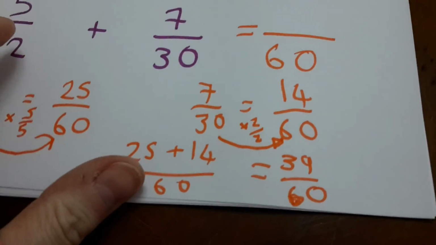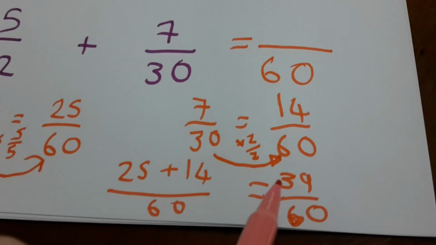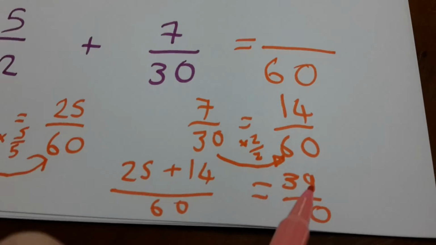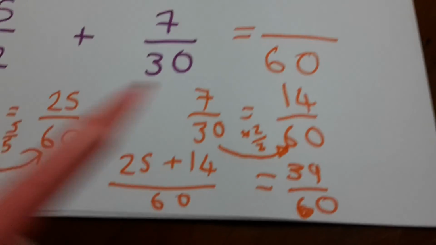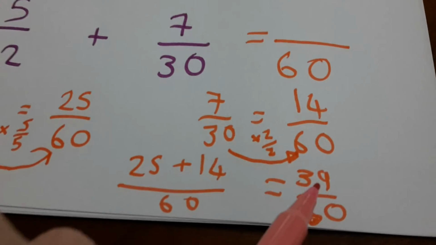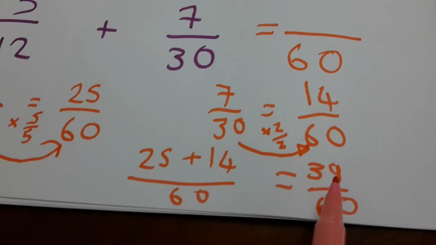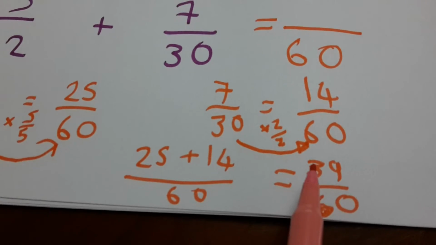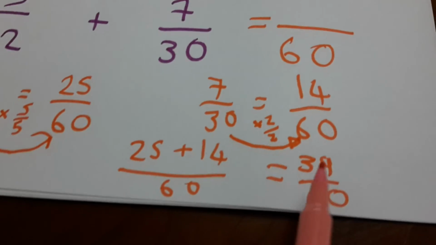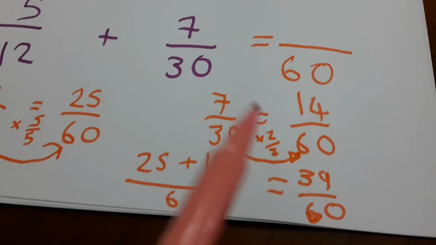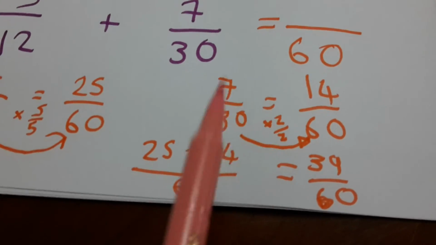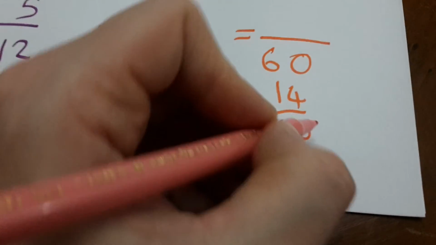39 over 60. Now, lots of you and many people that I've taught would immediately go, oh, 39, that's an odd number, that's probably a prime. But remember your check. If you add together 9 and 3, you get 12. If you add together 1 and 2, you get 3. Because when you added your digits together, you eventually got down to 3, I know that both numbers could be divided by 3.